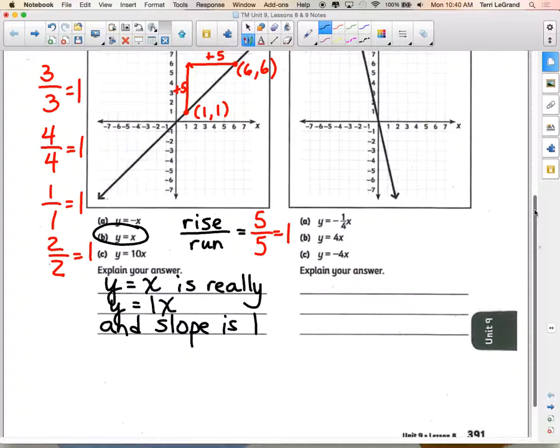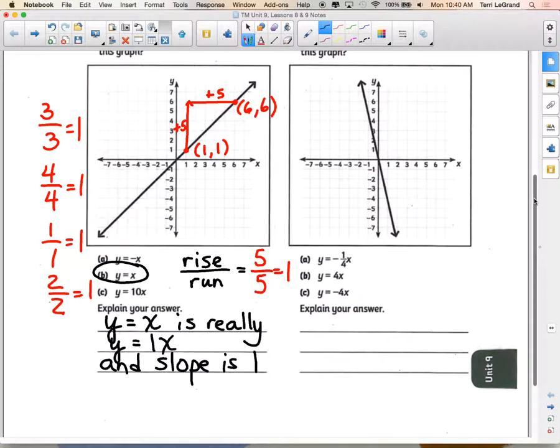Okay, now I want us to together do number 2. I want us to pick the origin and then I want us to pick another point on that line that has integer coordinates.